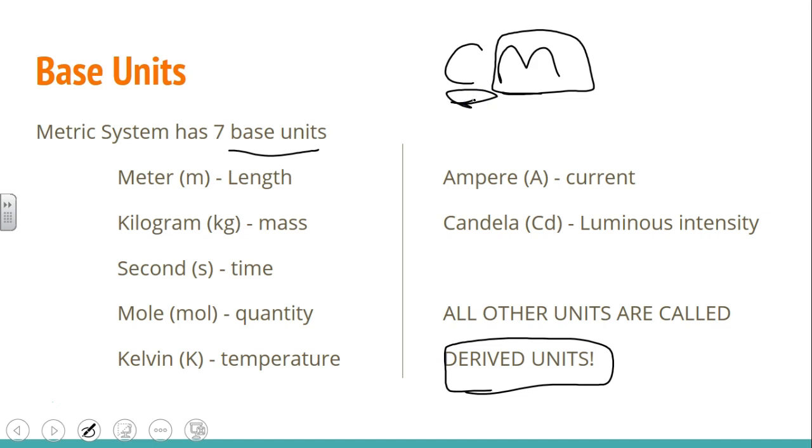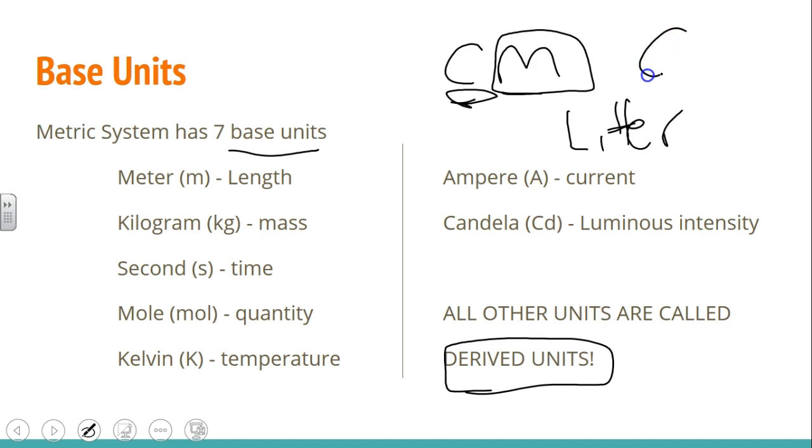The length of something can be measured in centimeters or meters or whatever. The most popular example of a derived unit would be a liter. Liter is nowhere on this list, nor is kiloliter or milliliter or whatever you want. So a liter is the most popular derived unit.